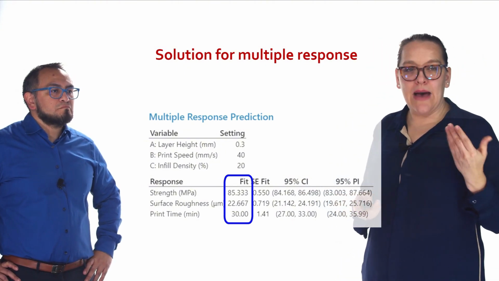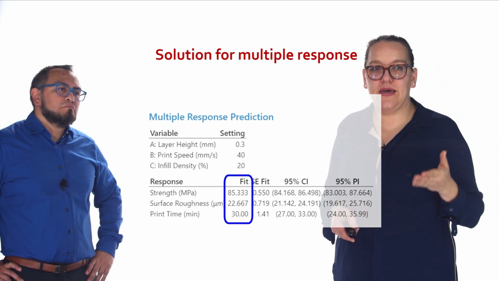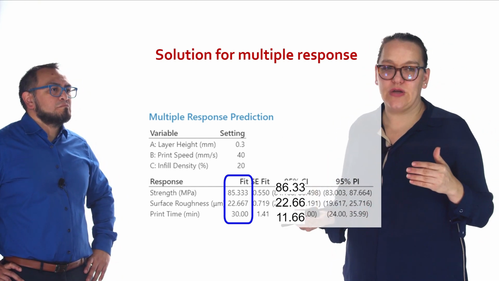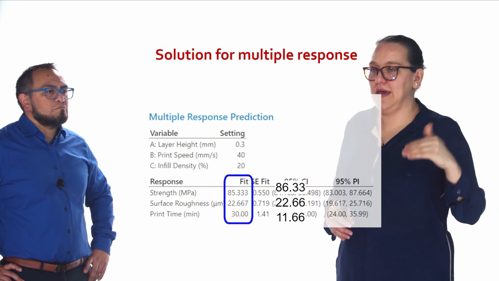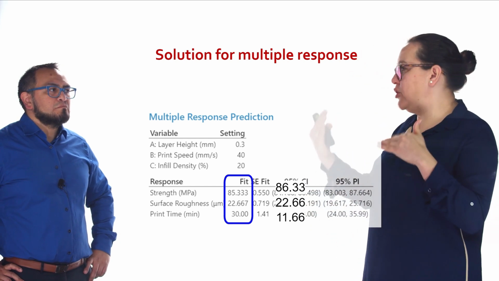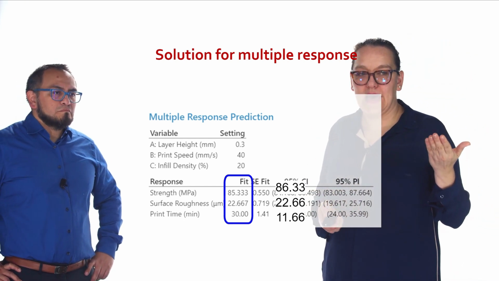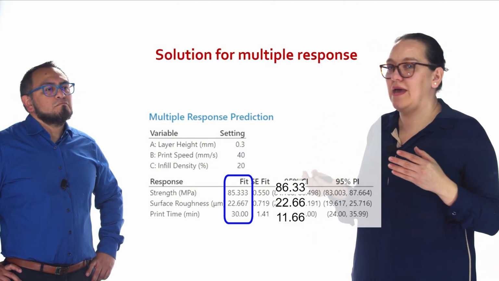But let's compare these results with the ones from the independent optimization that I just showed you. When we tell Minitab to maximize the strength by itself, not looking at the other variables, we get 86 megapascal. With this combined solution, you get 85.